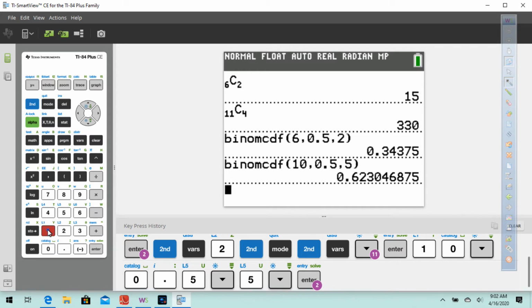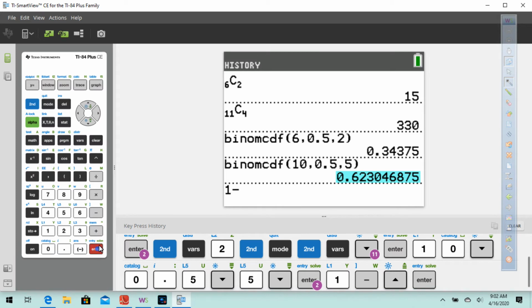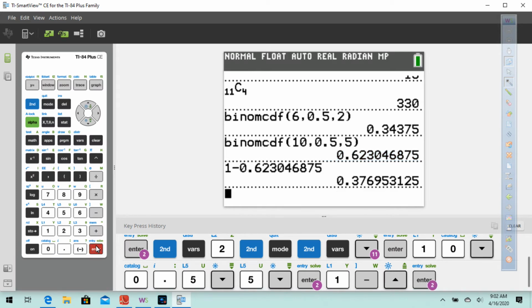Now, what if we say 1 minus that? What do we get? 0.3769. Awfully darn close. What if I went up here and let me grab this?